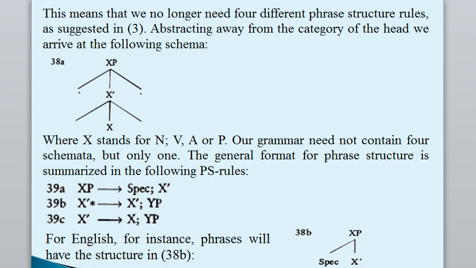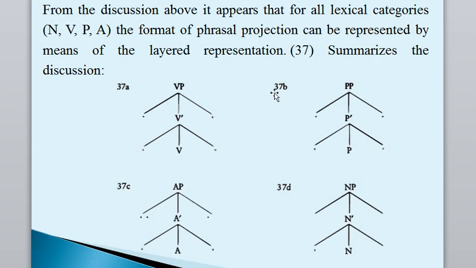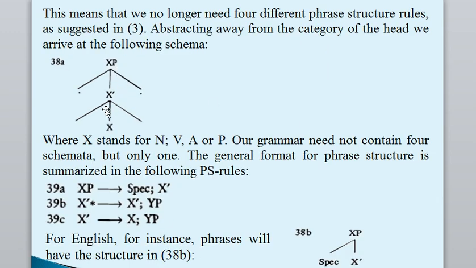This means that we no longer need four different phrase structure rules as suggested in previous diagrams. Abstracting away from the category of the head, we arrive at the following schema. So we can summarize all of these diagrams, verb phrase, prepositional phrase, adjective phrase, and noun phrase, as one diagram, X phrase.